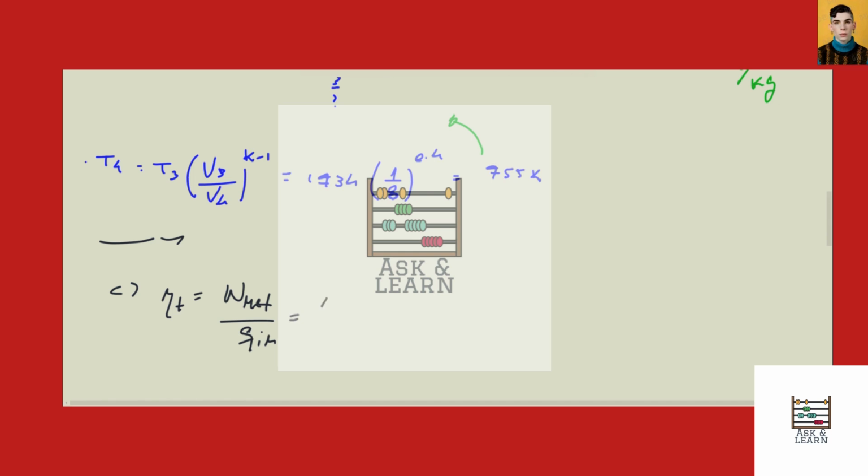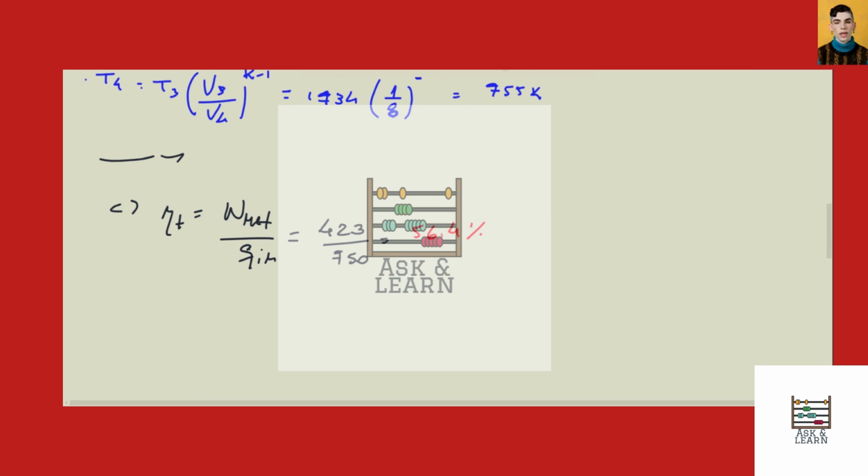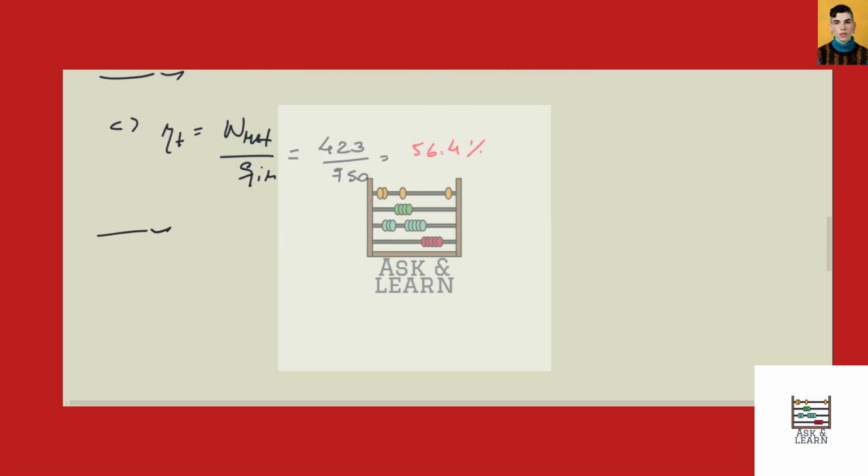Therefore, we have 423 divided by 750, which is equal to 56.4%. Let's rewrite this. 56.4%.